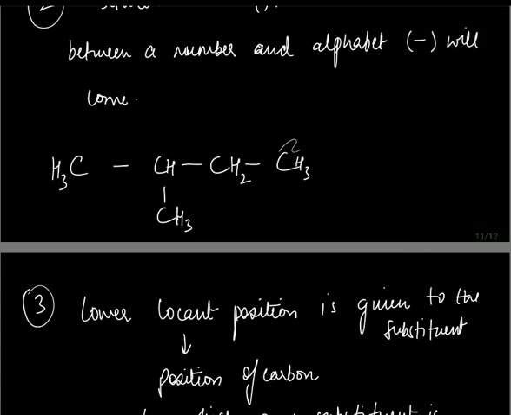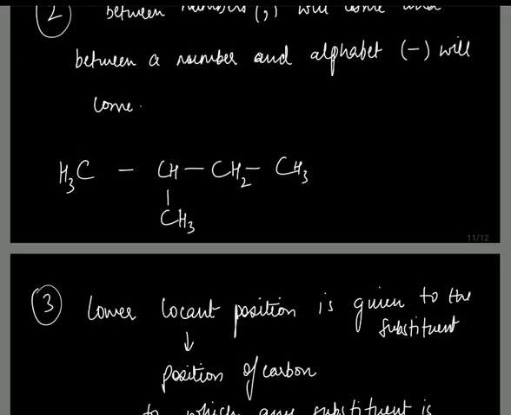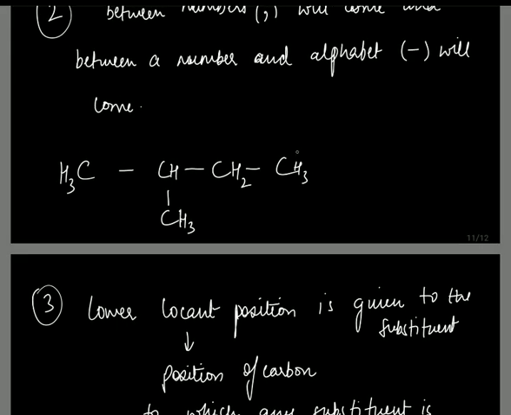If you see over here, from where should we start the numbering? That is the question. Should we start the numbering from here, 1, 2, 3, and 4? Then you're giving this CH3 a bigger number, the third position. So that is against the rule. So we need to give the lower locant position to the substituent which is attached to the carbon of the main parent chain. So if you see over here, now this is correct.